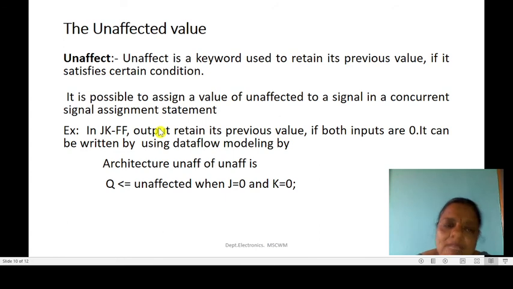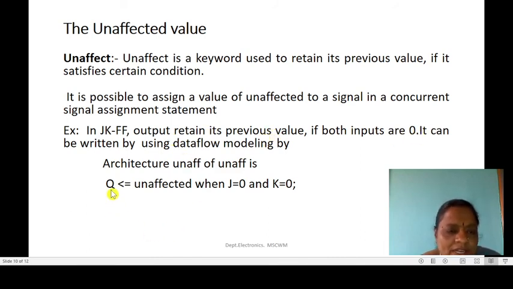In that type of application, if you are writing programs, then it is very useful. Here I have written one example also. You remember the JK flip-flop. In the JK flip-flop, what happens if both the inputs are 0? The output retains its previous value.